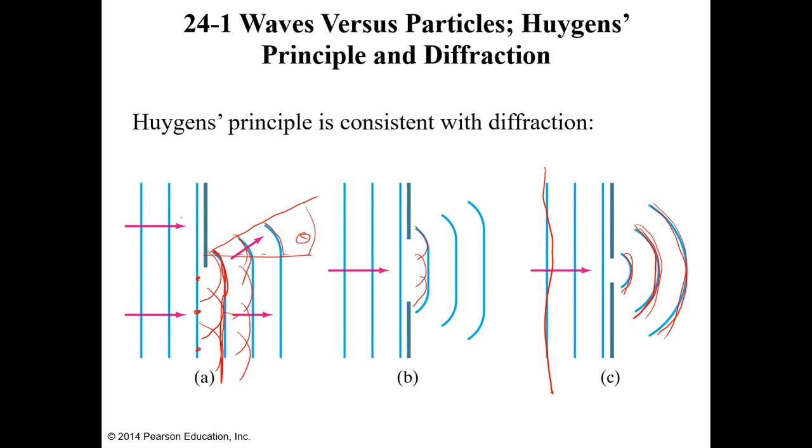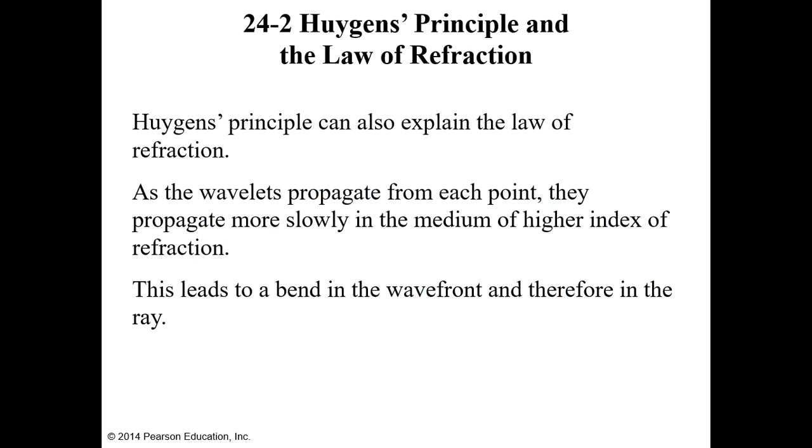In addition to diffraction, Huygens' principle can also explain the law of refraction. So remember that refraction is where you have a boundary, light comes in, and then when it hits a new medium, the light actually bends and starts moving in a slightly different direction.